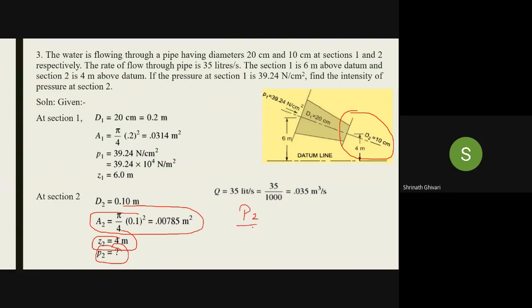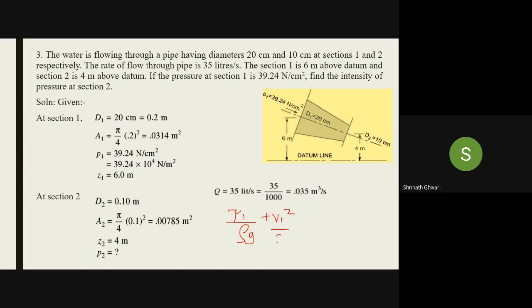Can I use P2 by rho g? So we are going to use Bernoulli's equation: P1 by rho g plus V1 square by 2g plus Z1 equals P2 by rho g plus V2 square by 2g plus Z2.